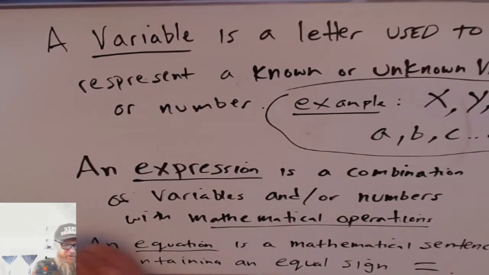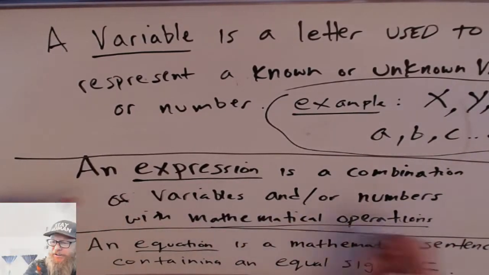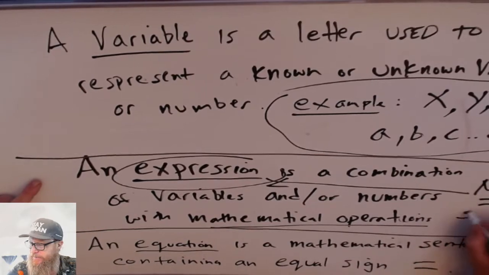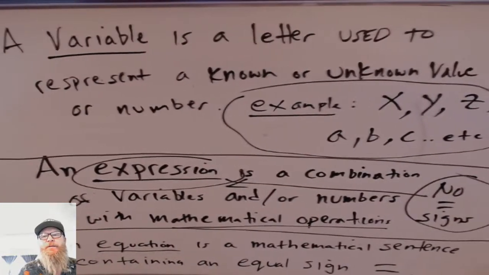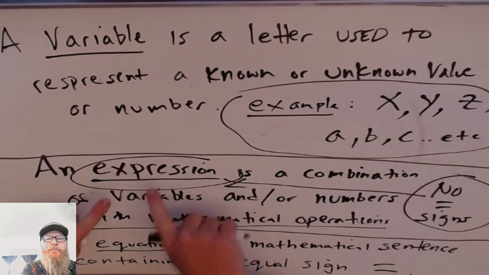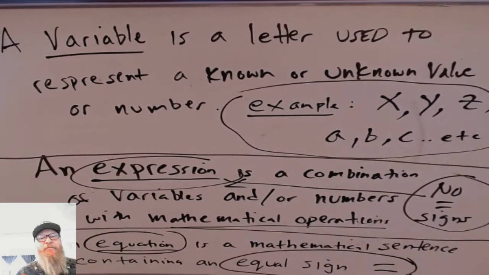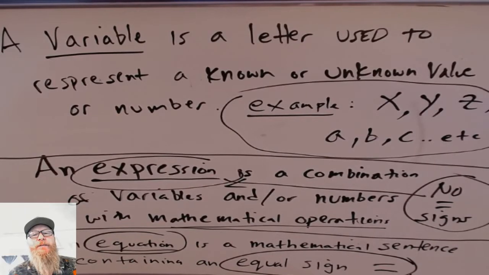So we have expressions. Notice expressions do not have equal signs. So if it has no equal sign, it's an expression. If it's an equation, then it definitely has an equal sign. See, equal, equation.